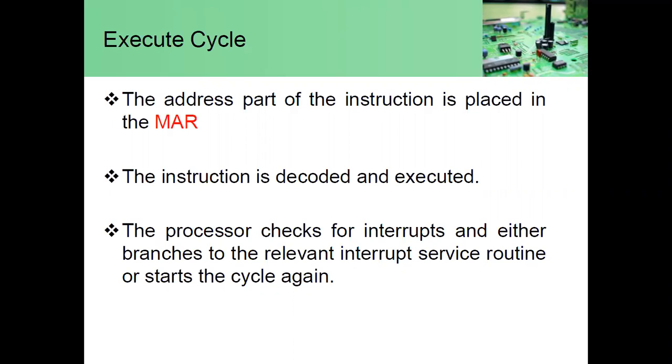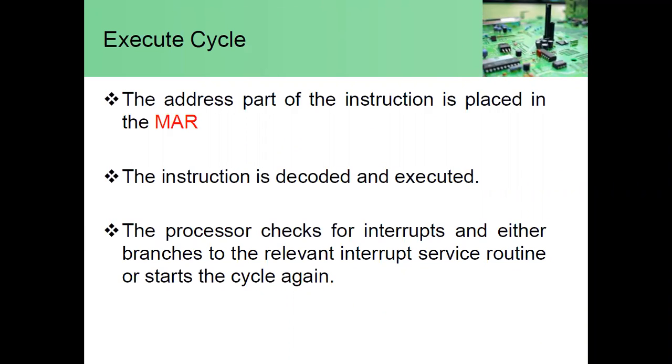The processor will check whether any interrupt is occurring or not. If an interrupt is occurring, it goes to the interrupt service routine, or else the cycle will start again, meaning the execution of the instruction will be done and it will start the cycle again. It will take the next instruction, decode it, and execute it.